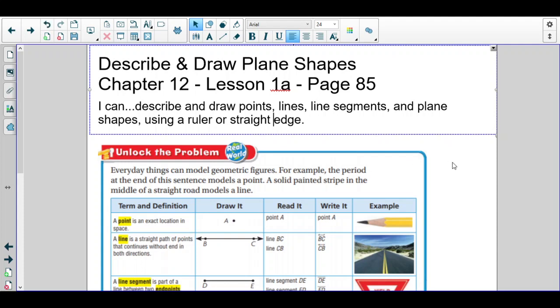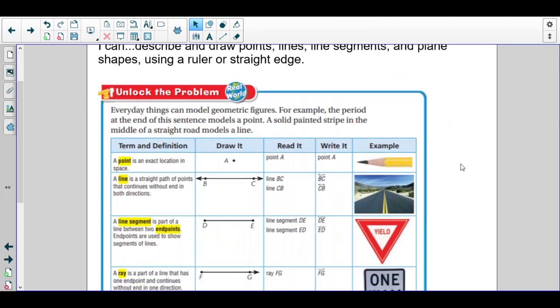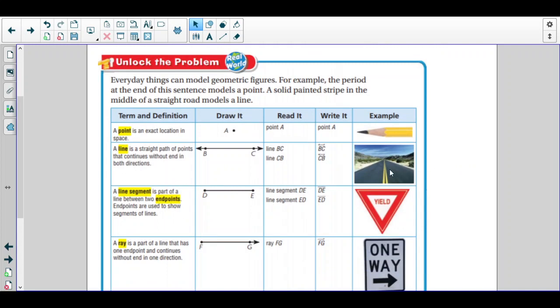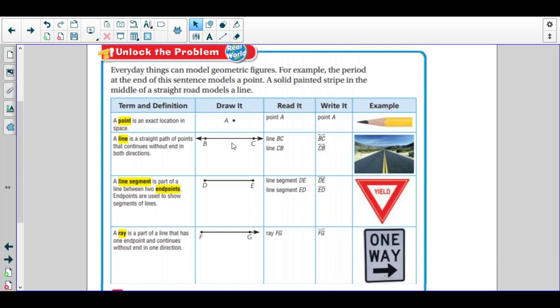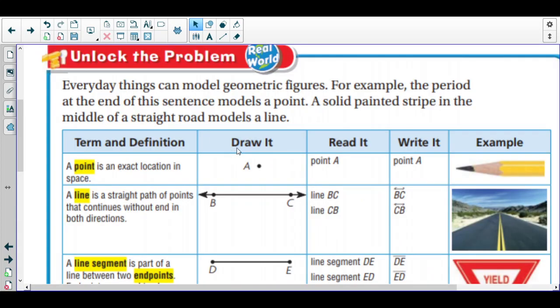And we are going to be labeling these points or these lines or line segments because they actually do have names when we're talking about them, and we'll discuss that here in just a little bit. So if we have a point, we would say that that is like point A or point B or C or whatever.